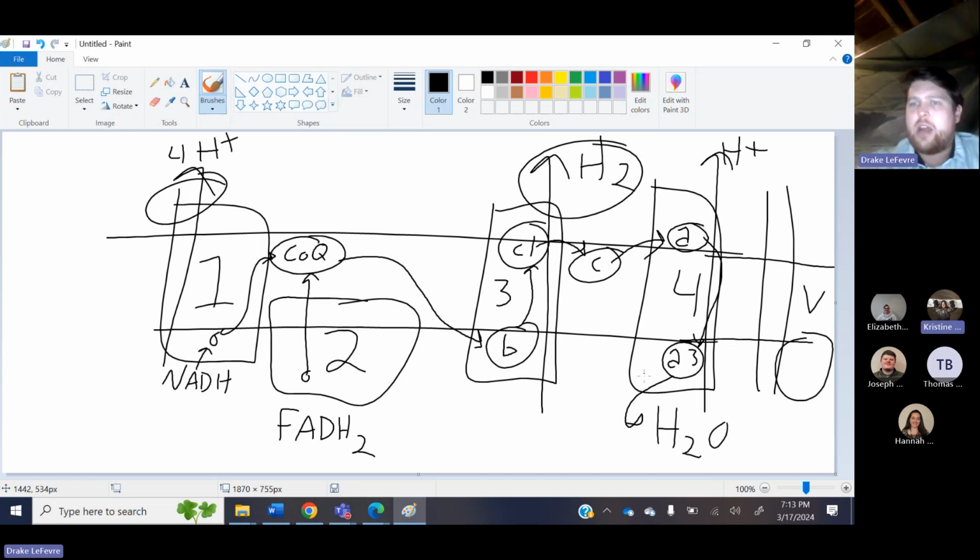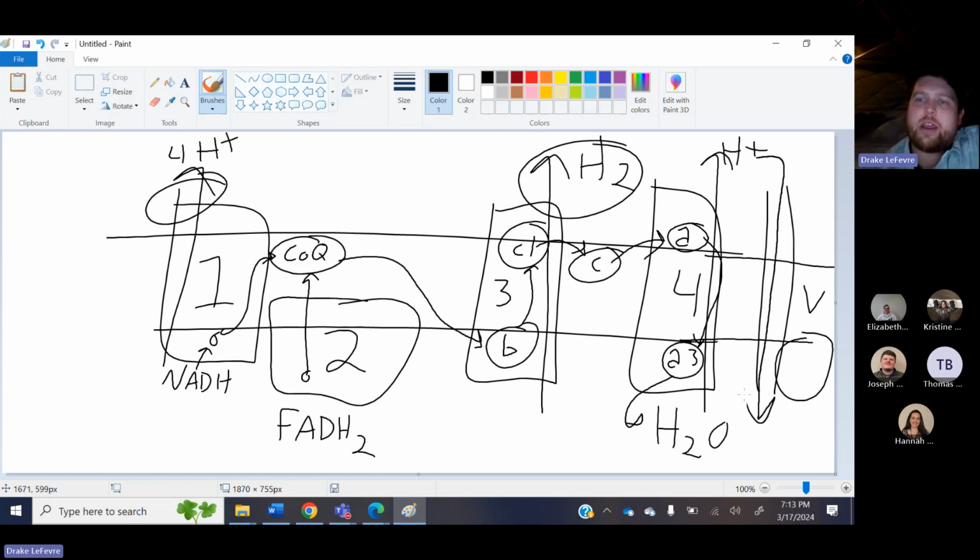Okay, so now we have complex 4 finished. We've now made water. Now what happens next? The hydrogens start to trickle back down, back through right here. What is this called right here? It's our ATPase, our ATP synthetase.